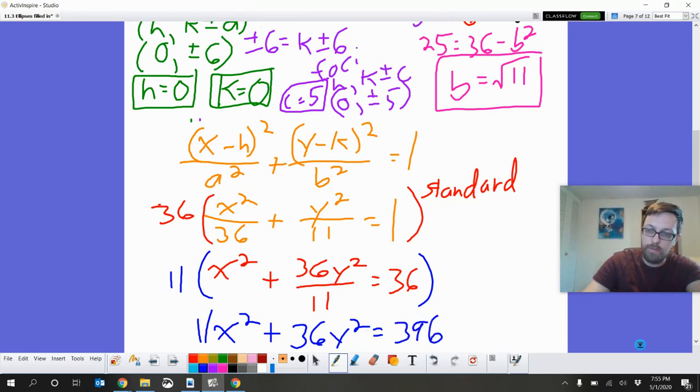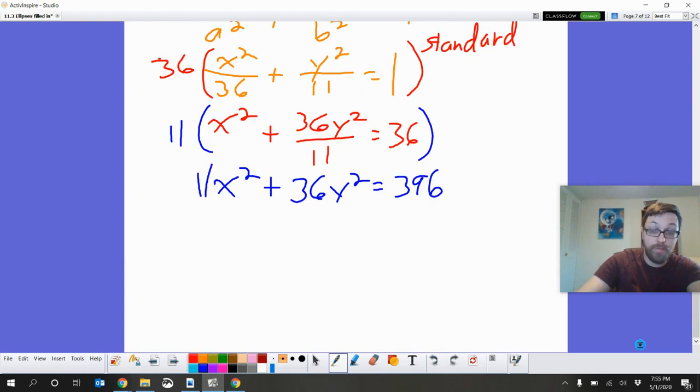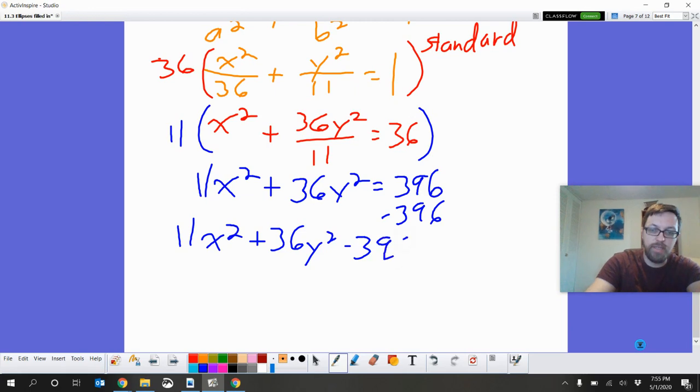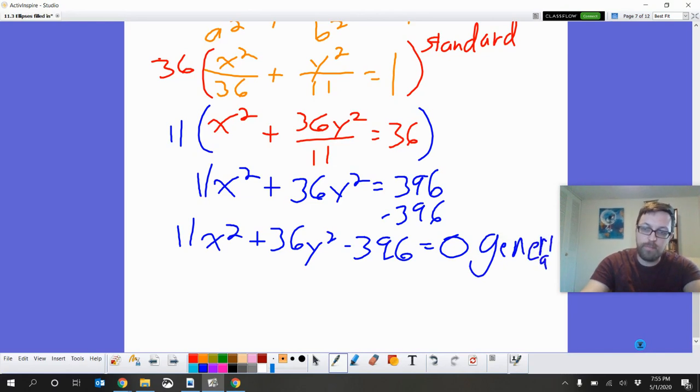Now, goofy thing about general form is we always have it equal 0, so I'm going to bring this 396 over. We get 11x squared plus 36y squared minus 396 equals 0. And that is general form.